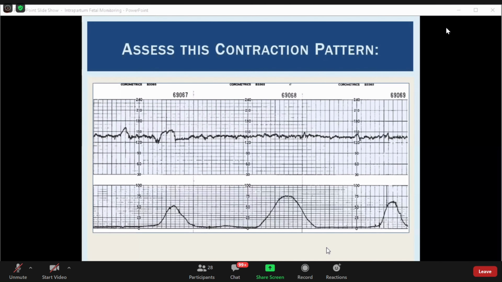That was a different question. That's why I counted this as a little bit over 2 minutes, because the resting was a little bit over 2 minutes. Yes, the resting is a little over 2 minutes. Before I was asking about the frequency, how often are the contractions coming? That was a different question.